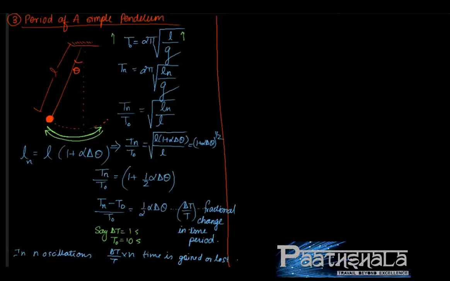Delta t was 1 here, t was 10, n was 100. So this much time is gained or lost in 100 oscillations. This is the fractional time gained or lost in 100 oscillations.